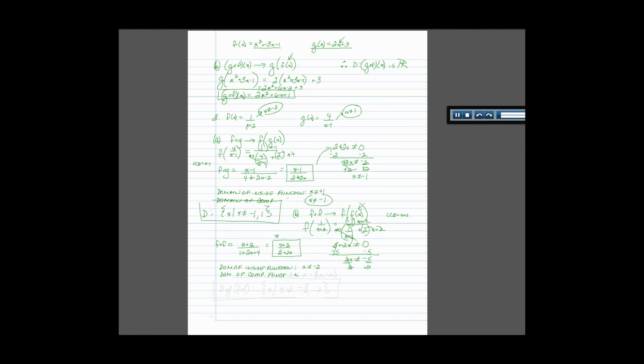So that restriction is x cannot be negative 5 halves or negative 2 and 1 half. So how do we write the domain? The domain of f of f is the set of all x such that x does not equal negative 5 halves or negative 2. You just put them in there. The inside function, the composite function, restriction. Requires some work, but once you get the hang of it, it's not that difficult.